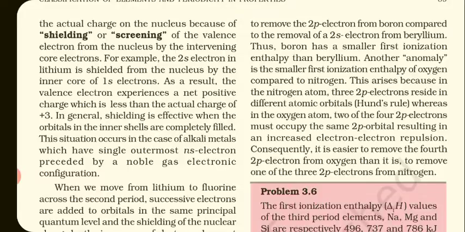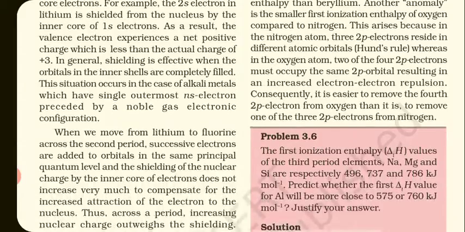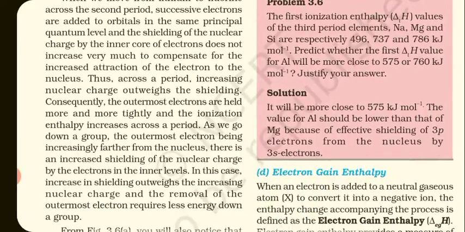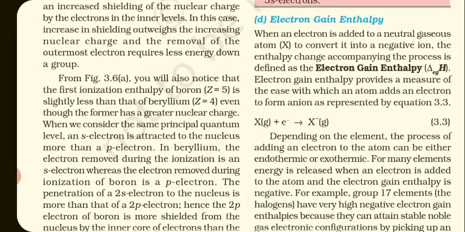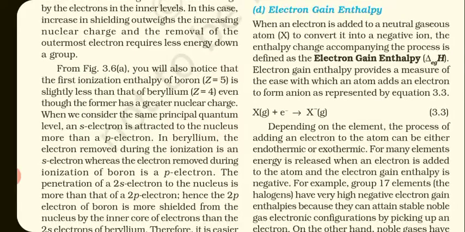This situation occurs in the case of alkali metals, which have a single outermost ns electron preceded by a noble gas electronic configuration. So just go through this definition. Now we'll see electron gain enthalpy.